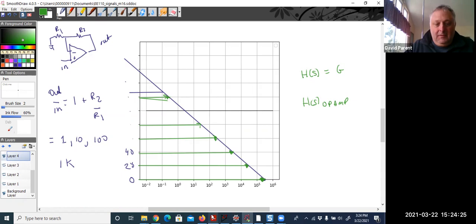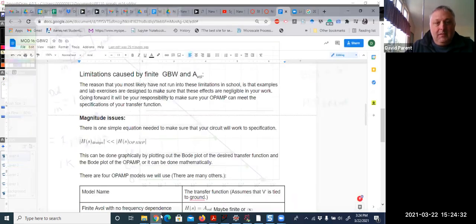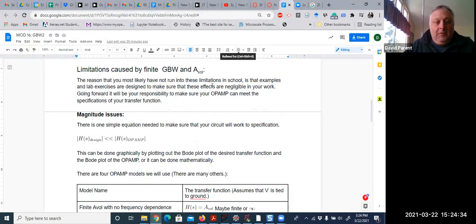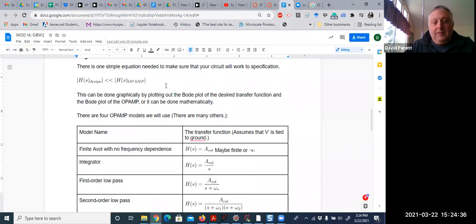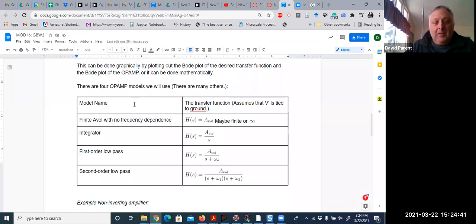So let's hop back to the notes, right? That's all I said. I just said the same thing here. I've used the magnitude. And then there's some models that are used, all right? And one is there's a finite open loop gain, or a constant, it doesn't vary with frequency. Now, it might be infinite, right?